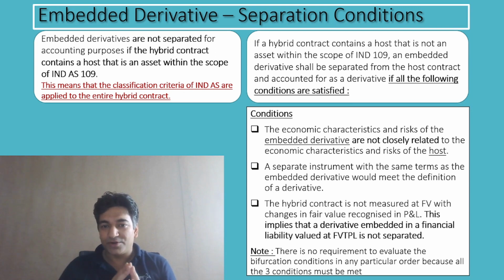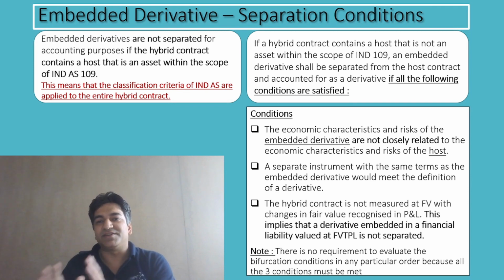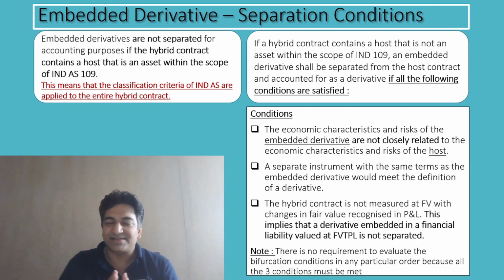Condition number two, a separate instrument with the same terms as the embedded derivative would meet the definition of a derivative. If there is a separate instrument with the same terms and conditions as are there in the embedded derivative, then this would meet the definition of a derivative, and as such it has to be separated from the host contract.